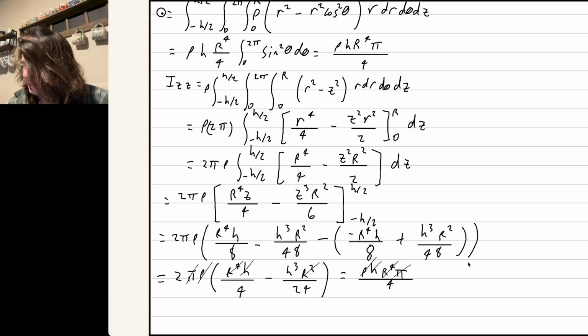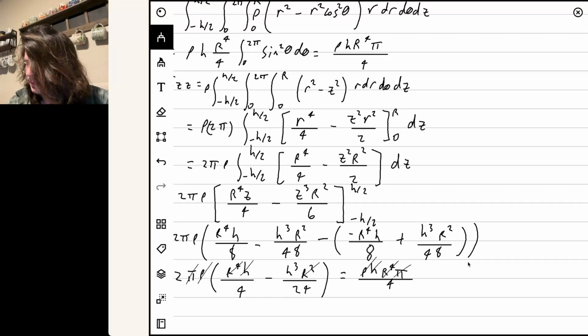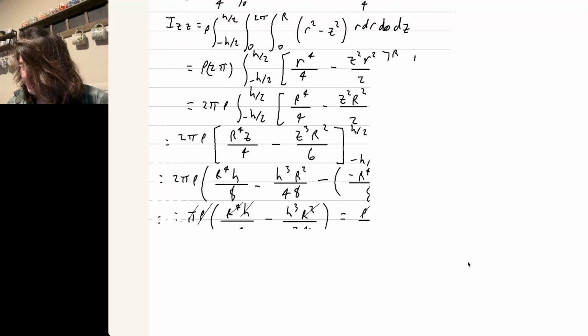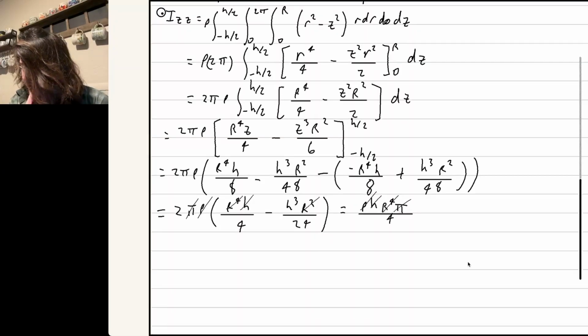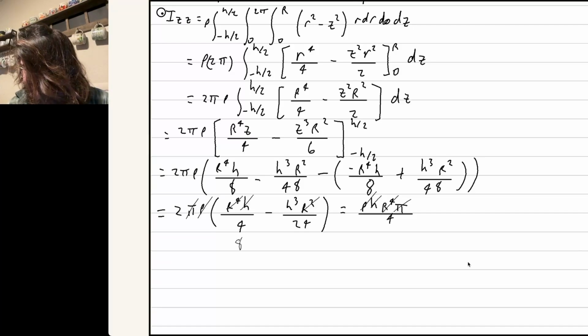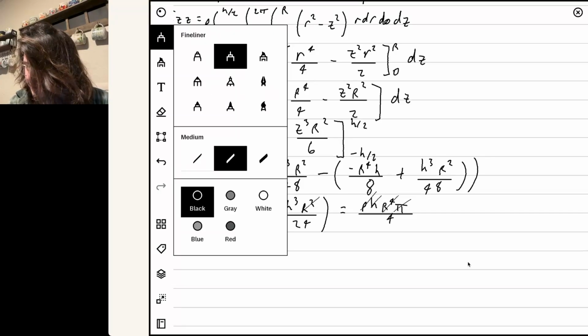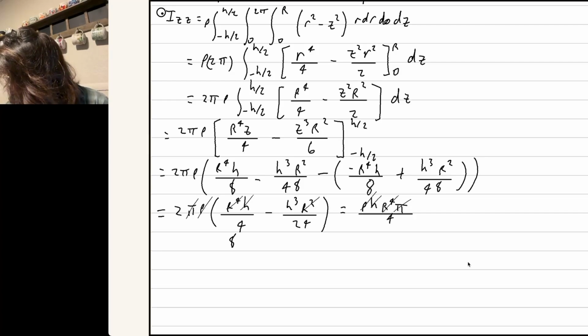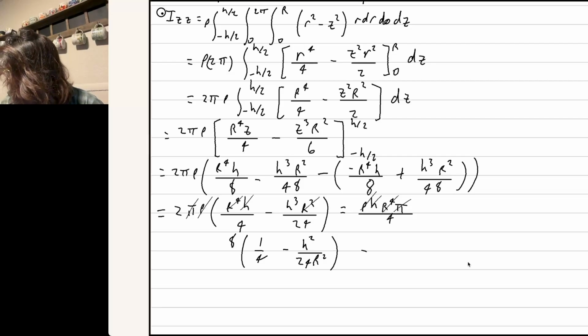So this will go away and you'll have an r fourth on the bottom. And then multiply the equation by 4. So now we're talking about 8 times 1 over 4 minus h squared over 24 r squared equals 1.